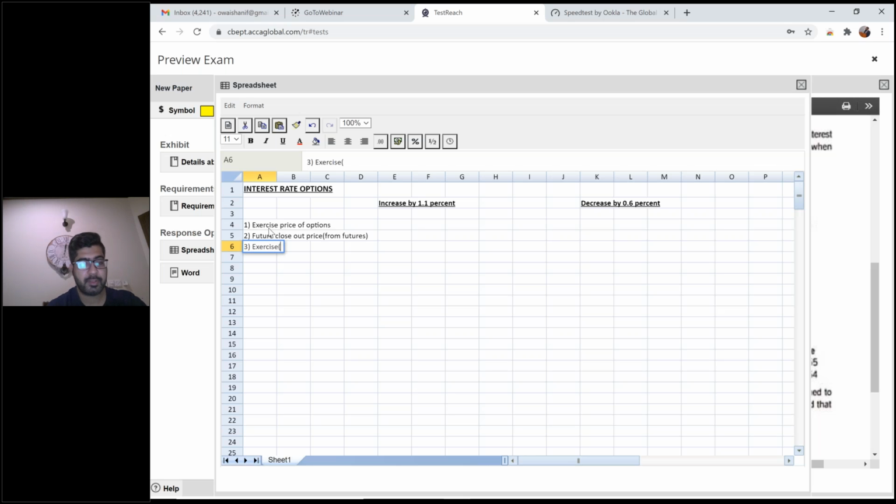Third, exercise: yes or no. Fourth, gain in basis points. If yes, obviously if it's a gain, then only it's yes.